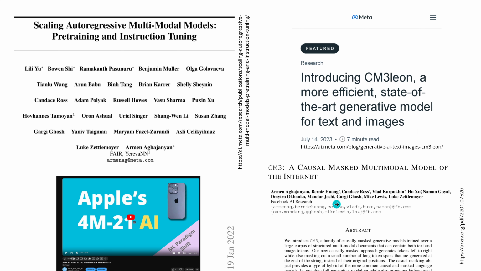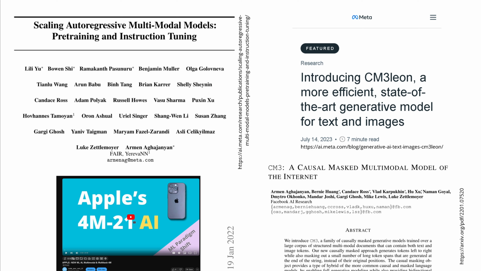And I dug into my archive and found, at the beginning of January 2022, the original paper from Facebook, where they kind of invented CM3, a causal mask multimodal model. This technology from the beginning of 2022 was announced in 2023, and now in June 2024 it is announced as being operational and available to the public.